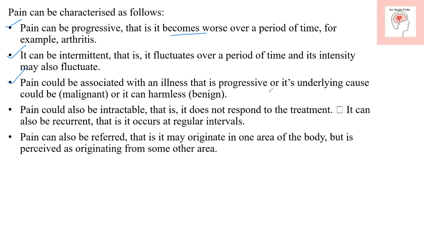So it can be associated with that, and also the reason or the cause of pain can either be serious or just harmless. Sometimes you have pain because you might have bumped your head or leg against something, so you might experience pain for a while.